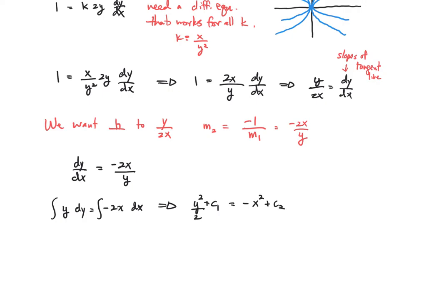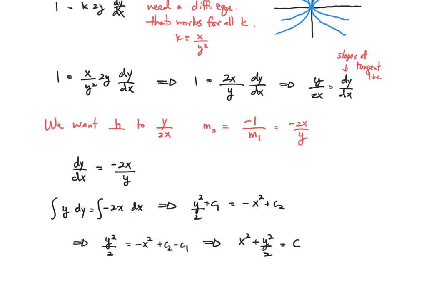Let's subtract c1 from both sides. So y squared over 2 is equal to negative x squared plus c2 minus c1. Let's move the x squared over to the left-hand side. We'll get x squared plus y squared over 2 is equal to, and let's just combine c2 minus c1 into one constant. Let's call it c.